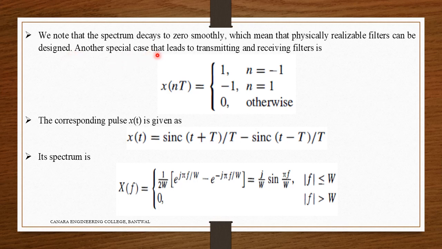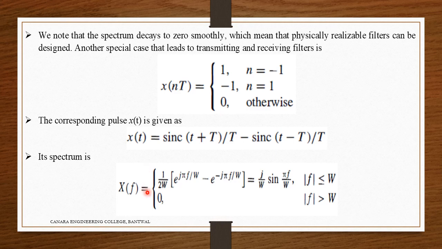Another special case leading to the transmitting and receiving filter is x of nT equal to 1 for n equal to minus 1, minus 1 when n is equal to 1, and 0 otherwise. Thus the corresponding pulse x of t can be represented as sinc((t plus T) divided by T) minus sinc((t minus T) divided by T).